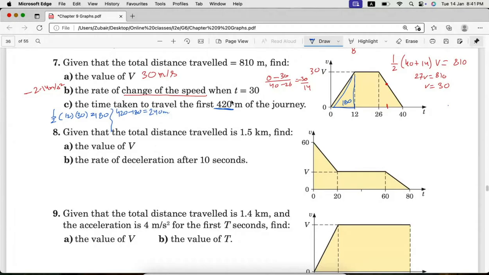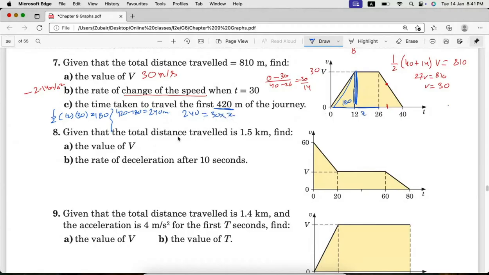So I need to check how much time is needed to cover 240 meters. Now, the height is 30. And I'm just checking maybe within this time it would have covered it. So 240, because that's a rectangle, should be equal to 30 into unknown time at the base, x.